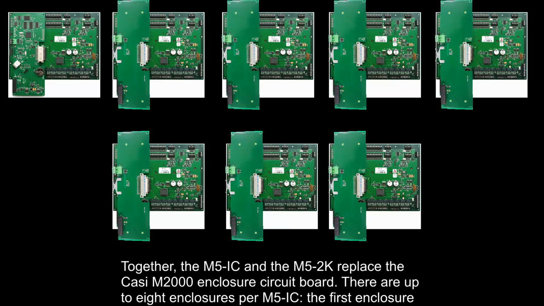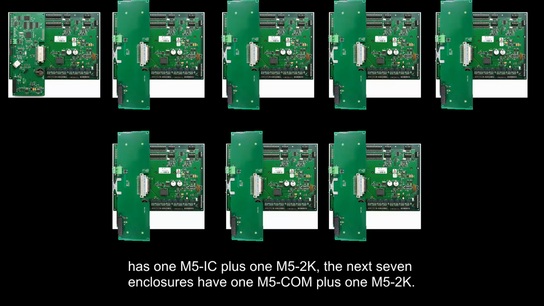The first enclosure has one M5 IC plus one M5 2K, and the next 7 enclosures have one M5 COM plus one M5 2K. Next, we will go over the data sheets for all the M5 boards. Feel free to pause the video on each component in order to read the full specs.